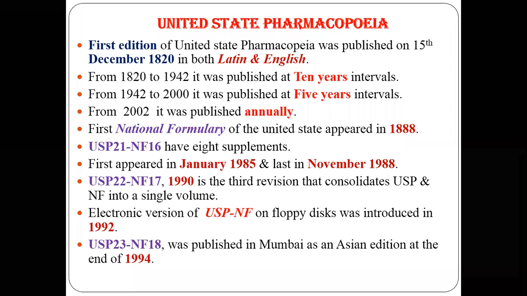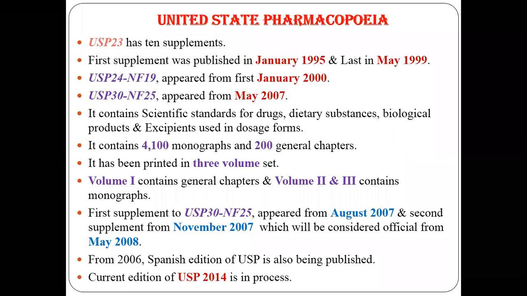In combination they were published, and also on floppy disks or in CD form. The USP 23 and National Formulary 18 was published in Mumbai as an Asian edition at the end of 1994. So this was a special edition for the Asian countries, published in Mumbai.